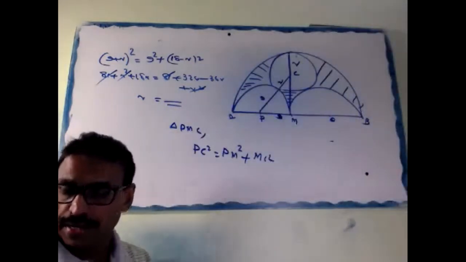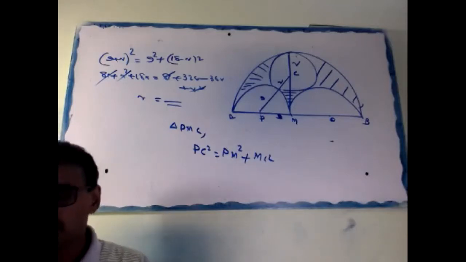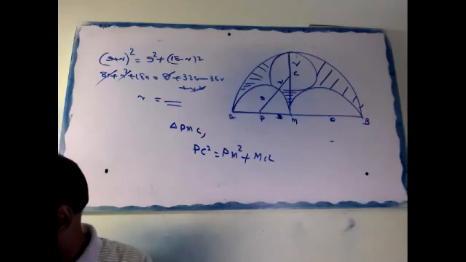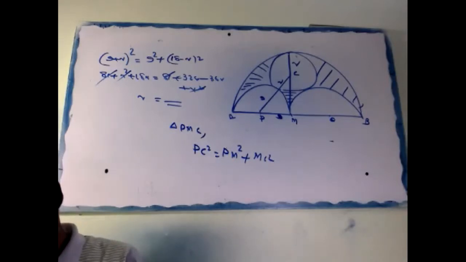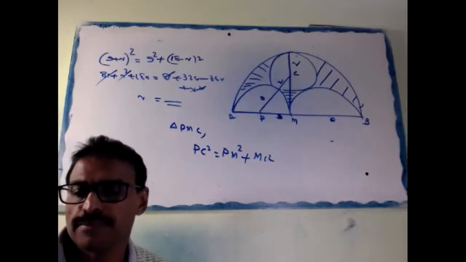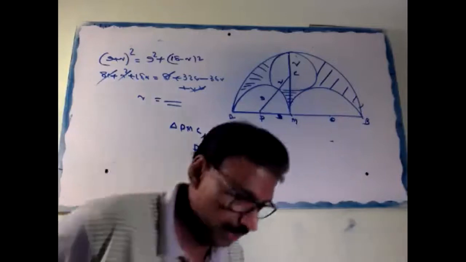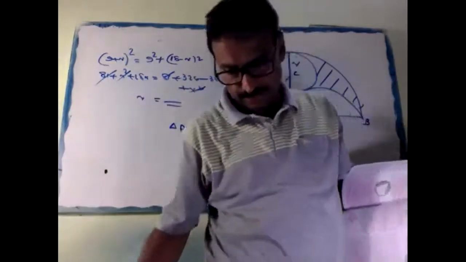Okay, what is the answer? Final. You'll get 45 pi. Then multiply 45 into 22 by 7.